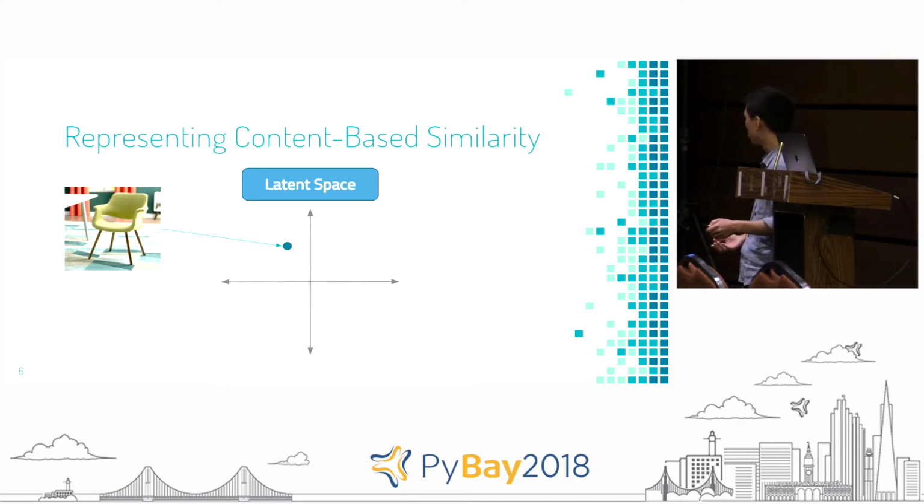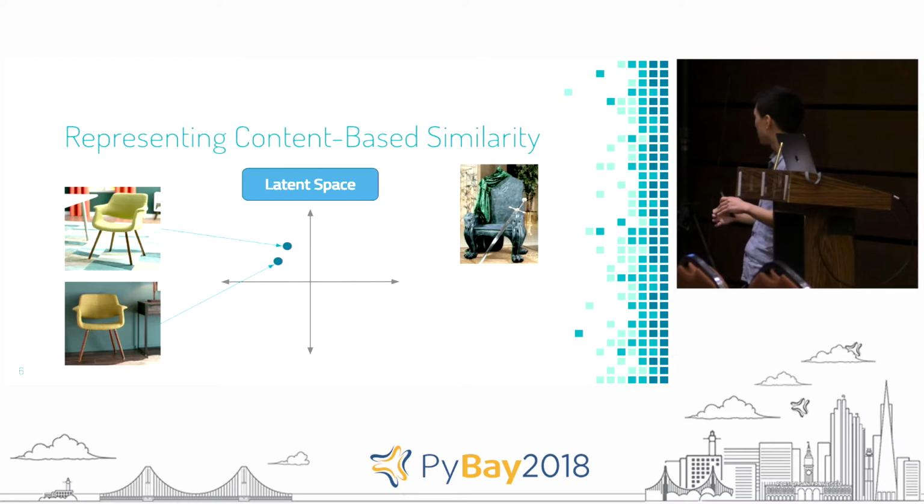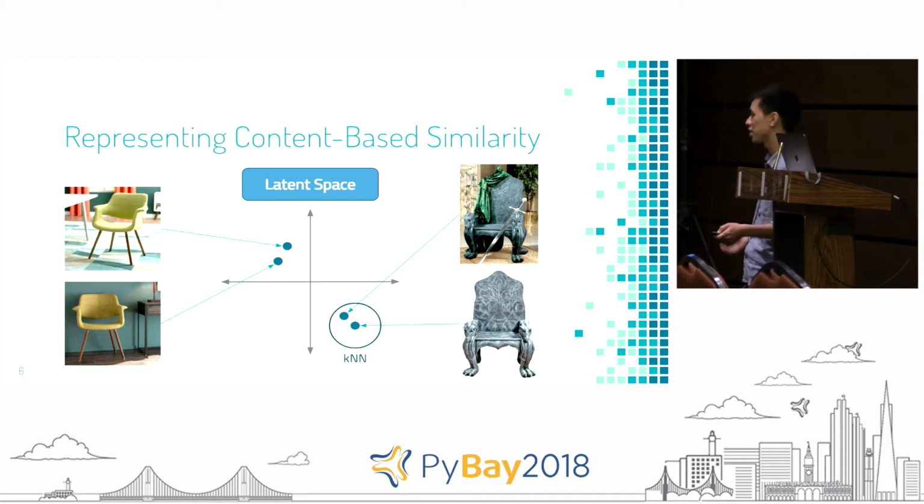And when we have images that contain similar things, we want those images to be nearby in this latent space. And when images have dissimilar things, then we want them to be located far apart. By virtue of having our space constructed this way, if we get some input image that plots somewhere inside this latent space, then finding similar images is just a k-nearest neighbor search in that latent space.